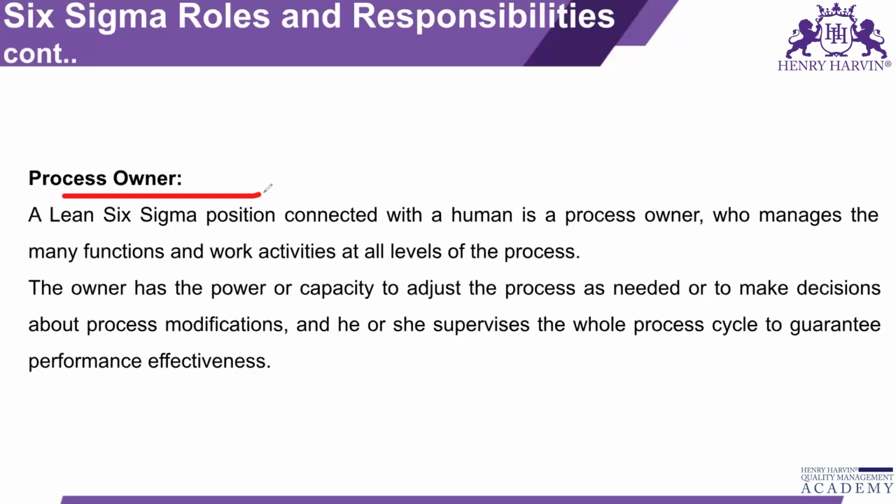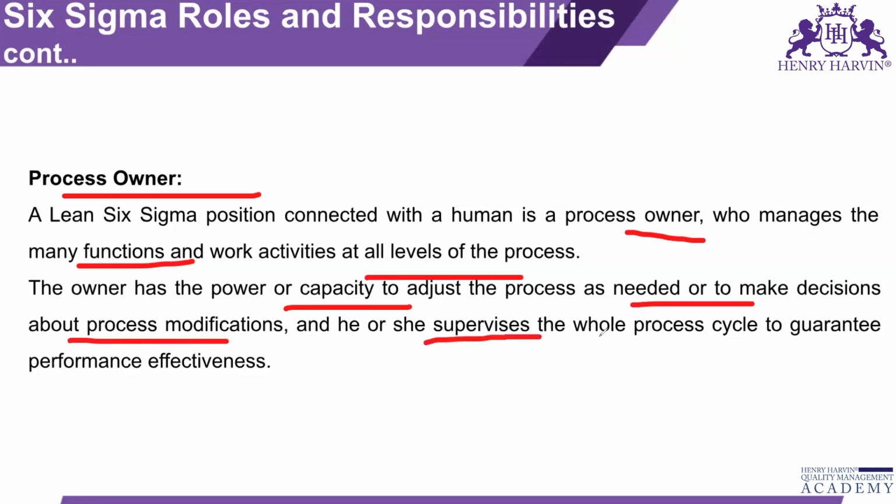So here we have one particular factor called process owner. That means a particular small process is owned by them. They manage many functions and take care of all levels of activities. They also have the capacity to adjust as needed and make decisions, and they will be working on the modification.